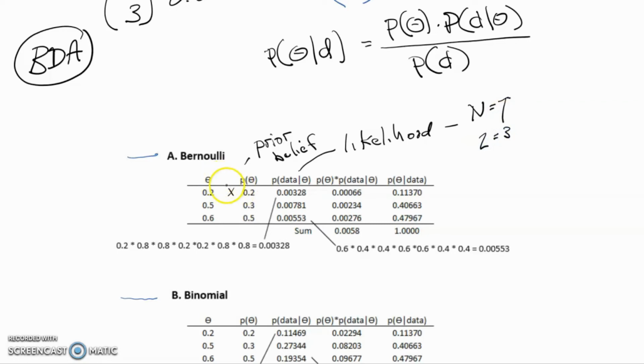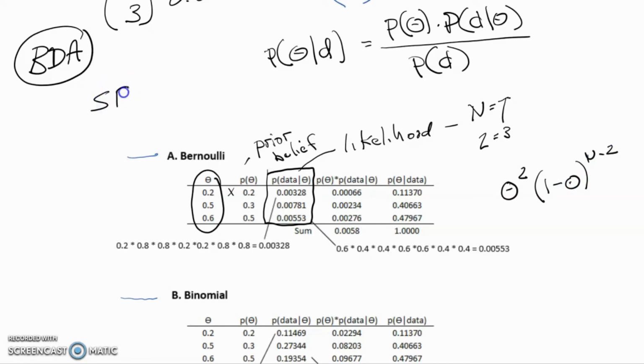We're going to vary the value of theta from 0.2, 0.5, 0.6, and we're going to calculate these values here using the expression theta to the z, 1 minus theta to the n minus z. So for example, if we've got this sequence S, F, F, S, S, F, F, there's the calculation we would get for theta equals 0.6, and that gives us 0.0053.